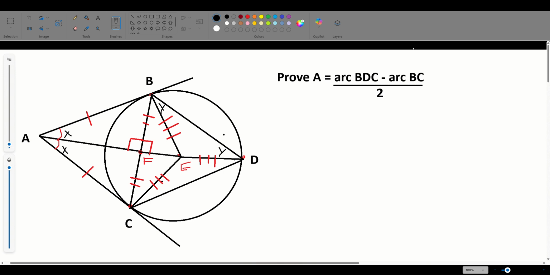Since we've also established that EF is collinear, that must also mean that ED is collinear.